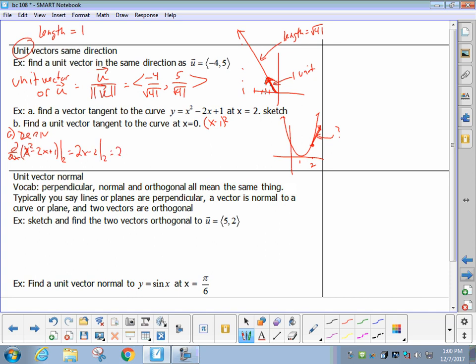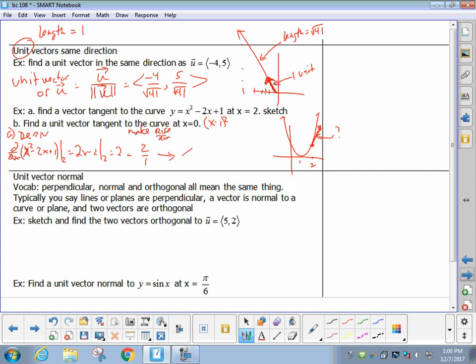It helps to make it a slope, rise over run. Okay, so that derivative is like 2 over 1, yeah? The reason I want it to be a fraction is I want to break it into components.